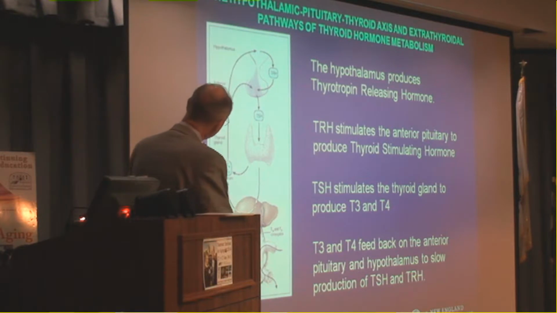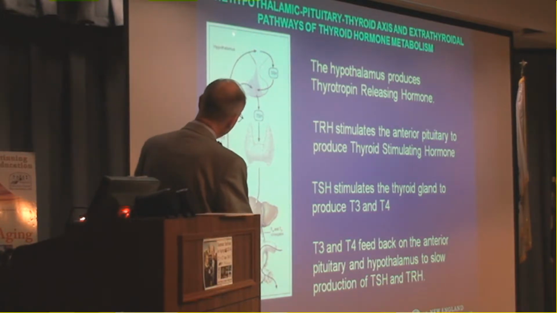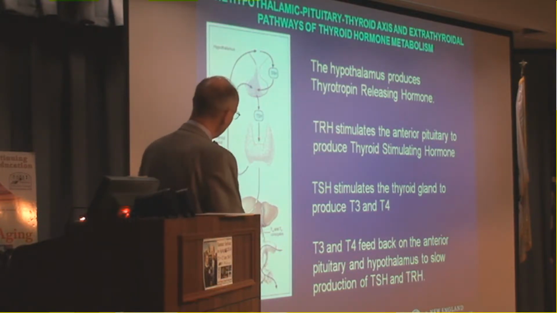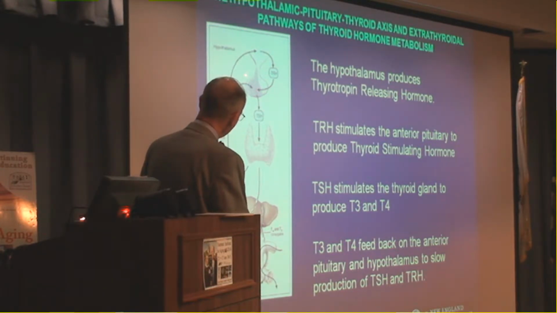The hypothalamus, the master gland, the big boss, the big kahuna, generates everything body-wide, stimulates the pituitary gland, the middleman, to make thyroid releasing hormone.